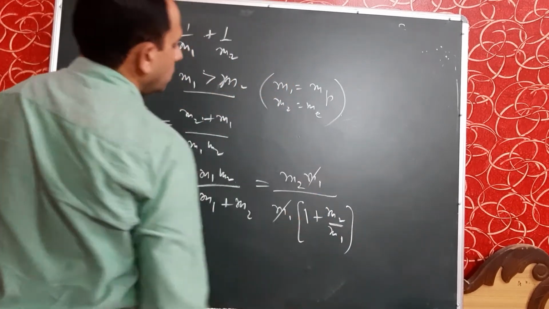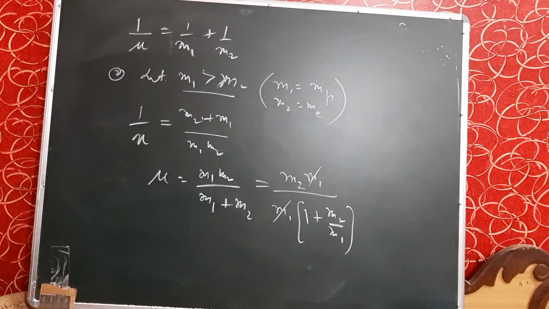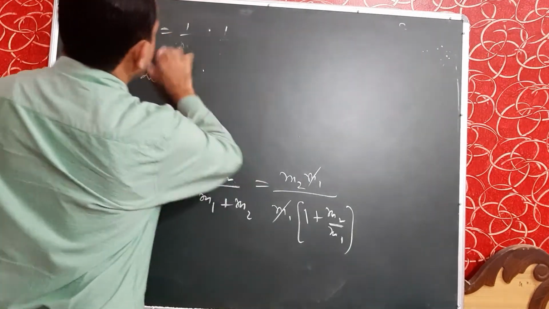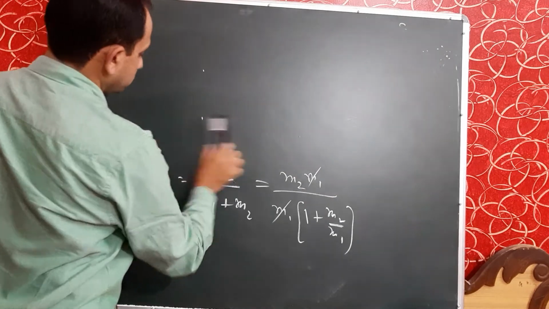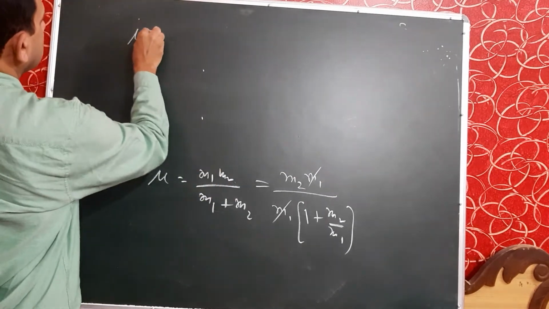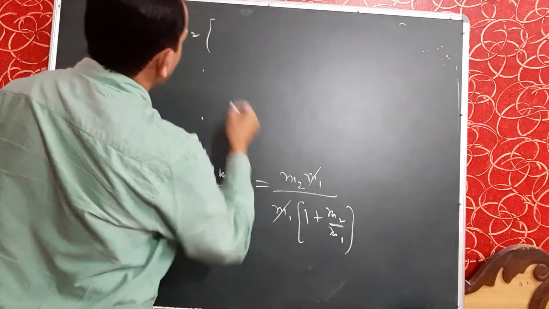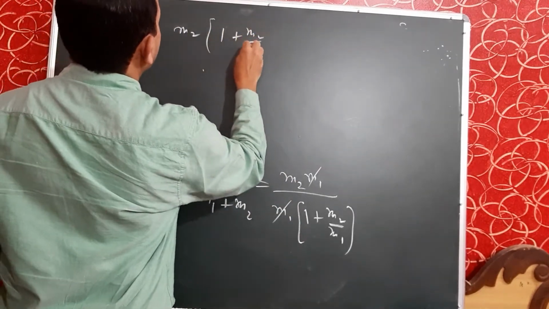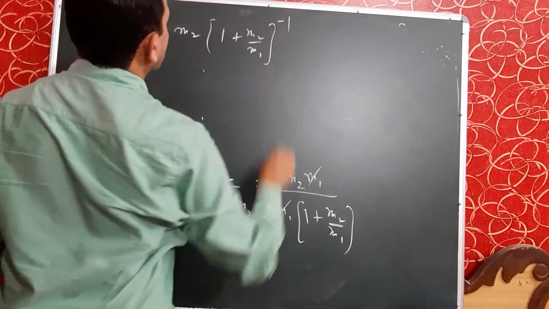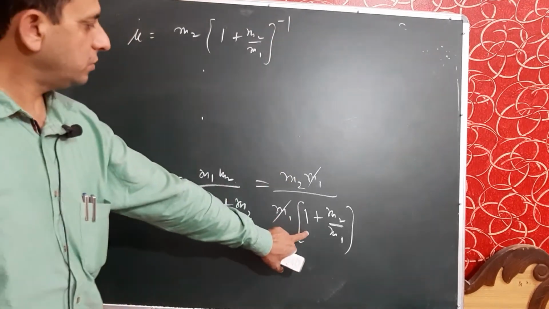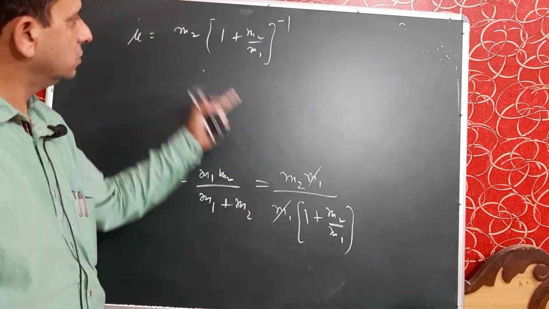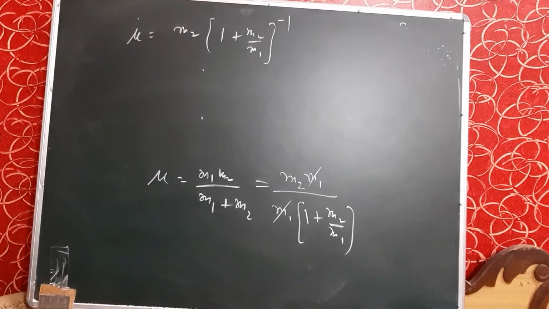This m1 cancels with the m1 in the numerator, and after that μ = m2 (1 + m2/m1)^(-1), because it is lying in the denominator, so we write it as power minus 1.